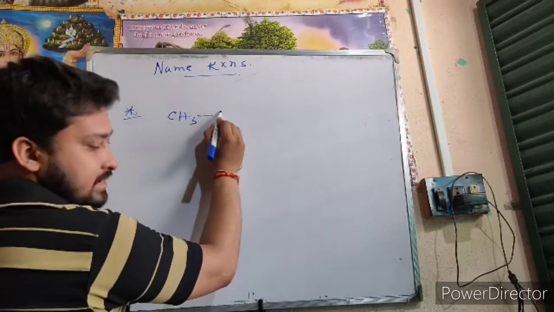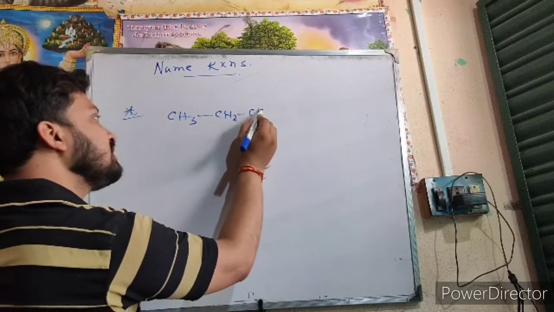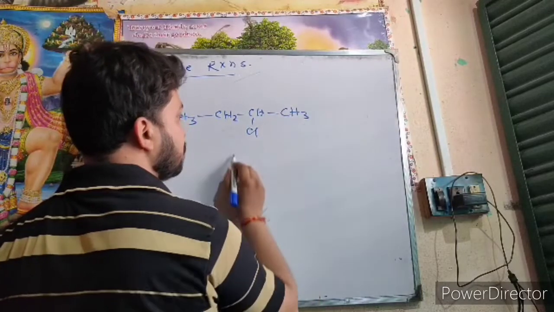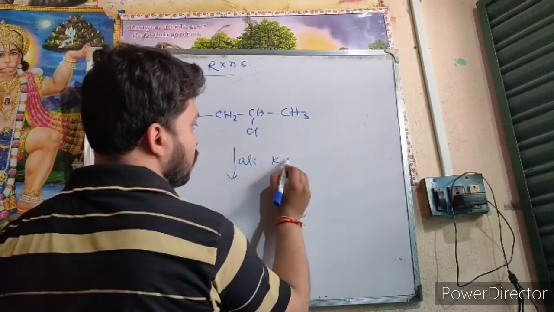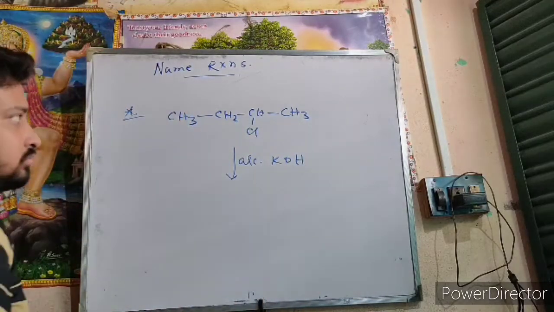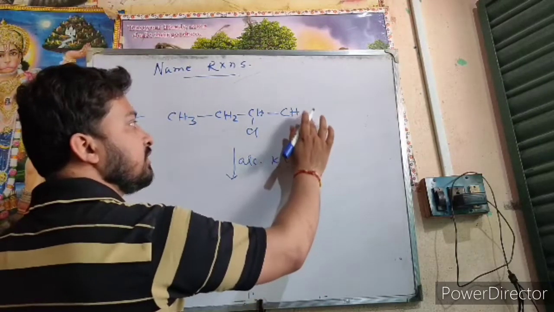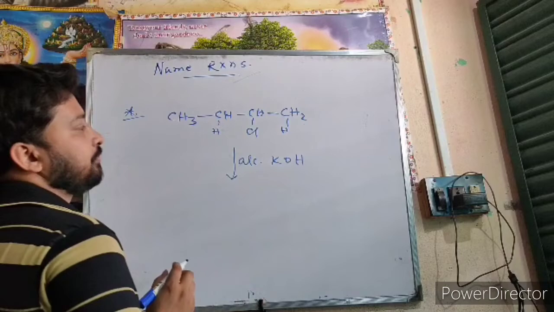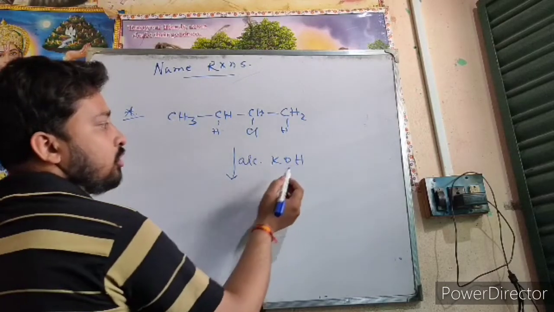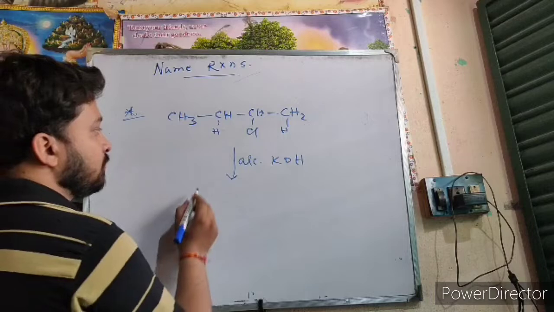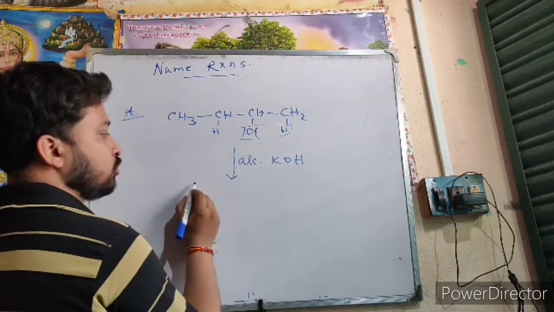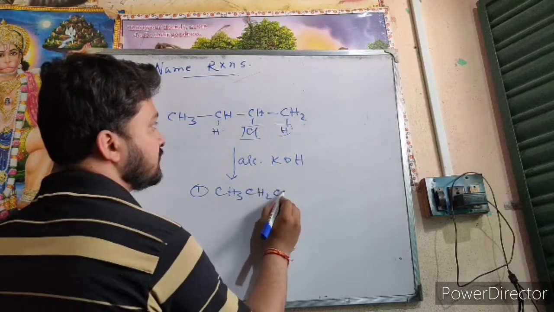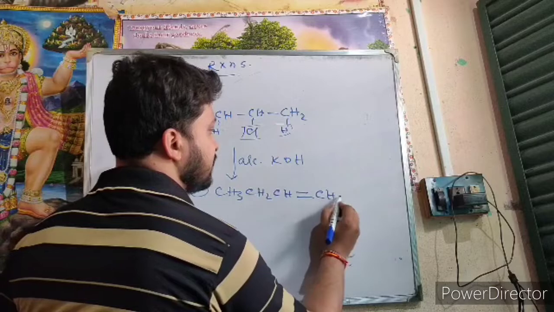You take CH3CH2CHClCH3 with alcoholic KOH. The product: you can write CH2 and H, you can also write CH2 in this way. If you use alcoholic KOH, this HCl may be removed. So the product is CH3CH2CH=CH2.